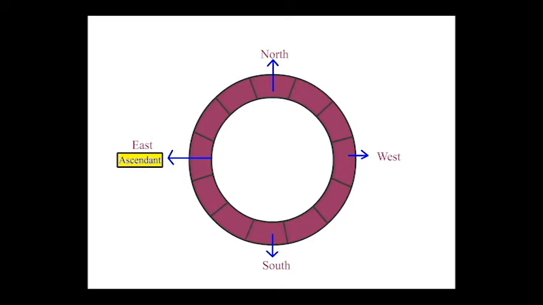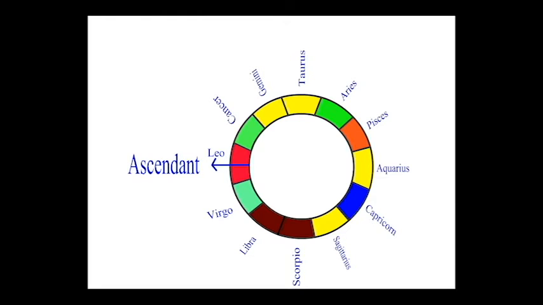Following the ascendant, the deepest point in the southernmost direction is called the nadir. The degree exactly opposite to the ascendant is the descendant, and finally the sky exactly above the birthplace is considered the zenith. The rising sign in which the ascendant falls is called the ascendant sign.